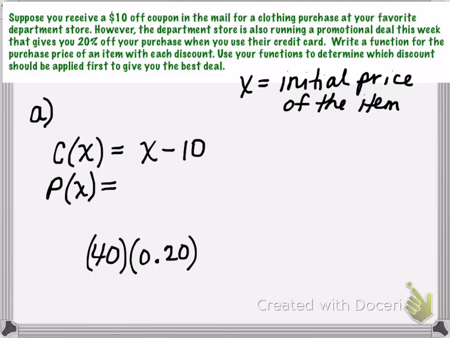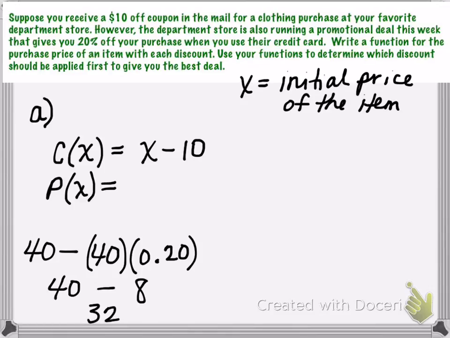But remember, that's not going to be the actual price of the item. That's the amount of your discount. So that ends up being $8. So really, we'd have to take the initial price of our item, and then subtract that value to figure out our new price. So that means we would have taken 40 minus the 40 times the 0.2.